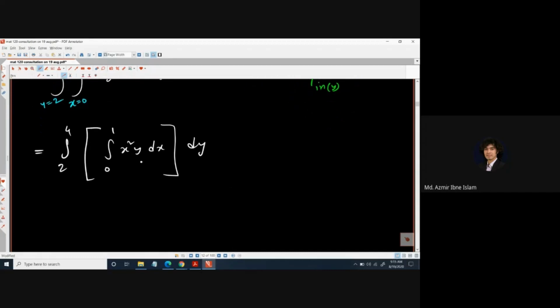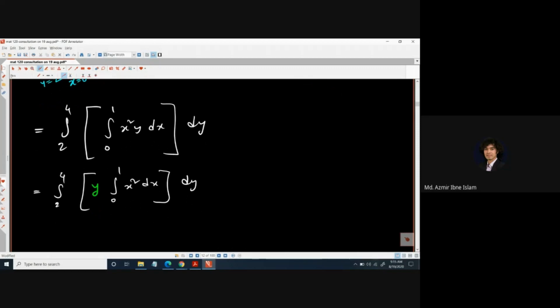Now you can see that we are integrating in terms of x, so obviously y will be constant. That means we can pull out y before this integral, not here. We are writing it here. Since y is constant, we have pulled it out, leaving x squared dx dy.